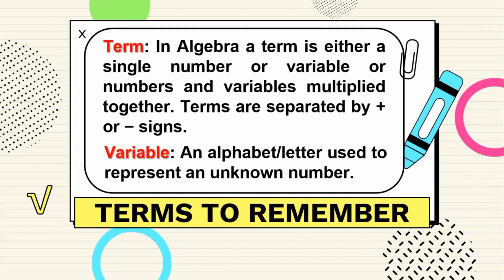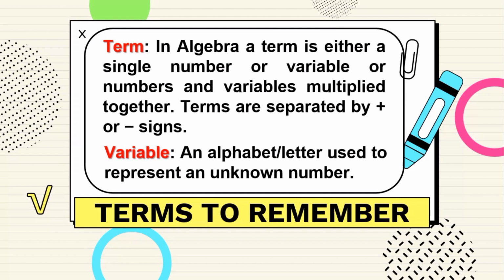We cannot call a certain polynomial an expression if terms do not exist in that particular expression, because what makes up a certain expression is a term. And terms are separated using the addition symbol and the subtraction symbol.